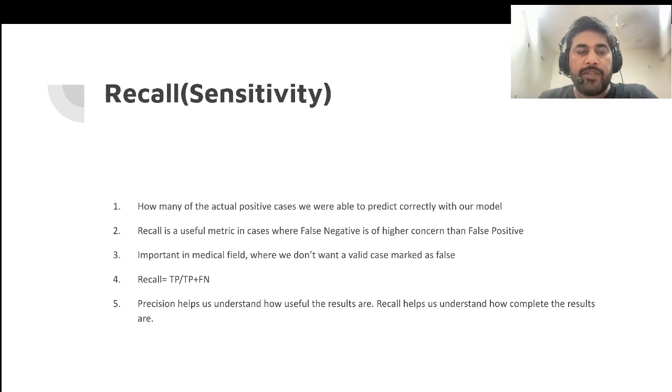If we talk about recall, it is how many of the actual positive cases we are able to predict correctly with our model.